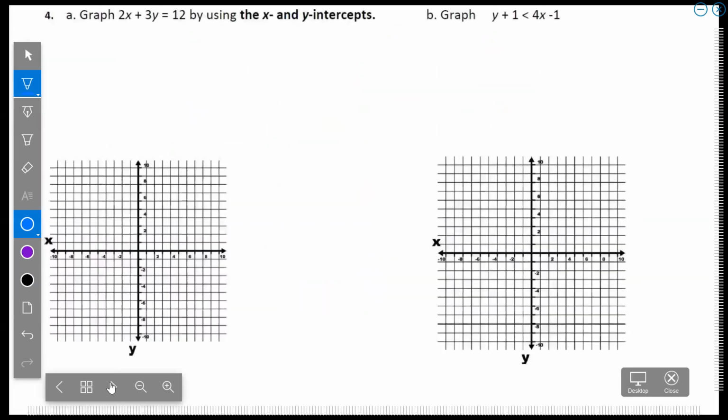All right. Graphing using X and Y intercepts. My x-intercept always has the form of a number here and then a 0 in the place where the y goes. The y-intercept always has the form of a 0 and then a number.